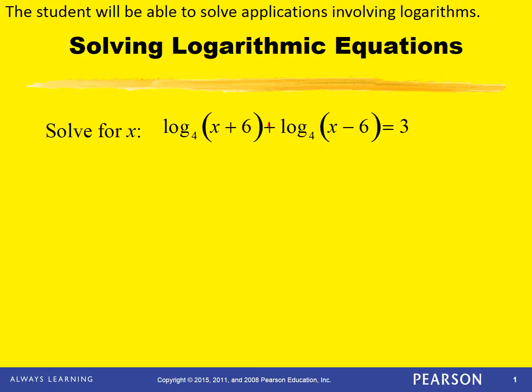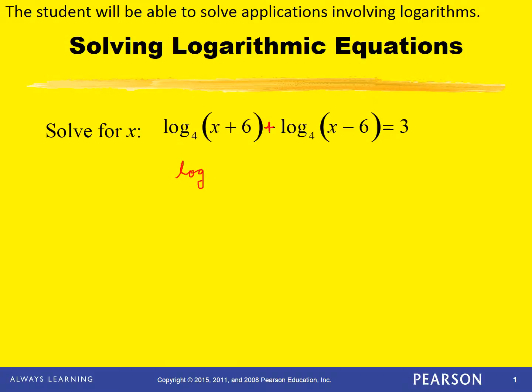We have here a sum of logs, and it would really be nice just to have one logarithm. Well, we know that the log of a product is the sum of the logs. And since we have a sum of logs here, we'll write it as the log of a product.